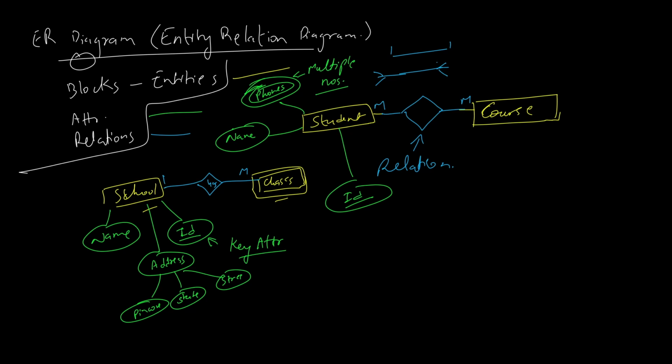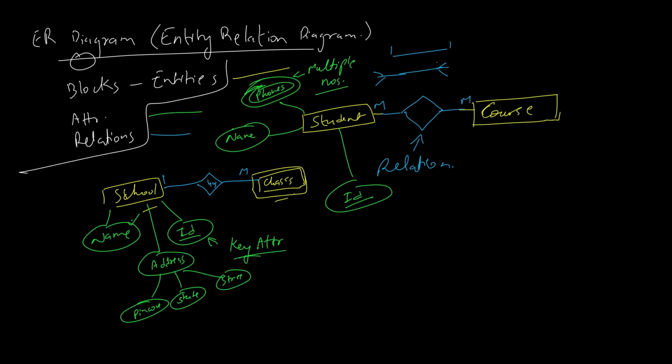A single ellipse is an attribute with the name of the attribute, and an underlined attribute name would be a key attribute, a foreign key or primary key or any kind of key like that. A double ellipse would be a multi-valued attribute.